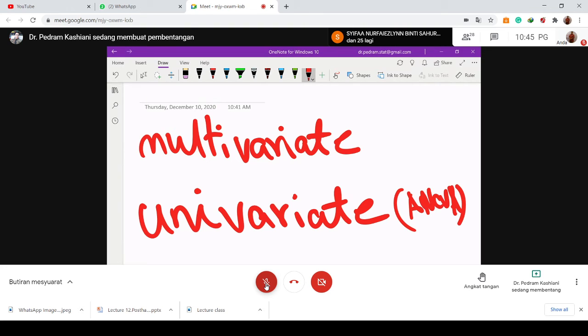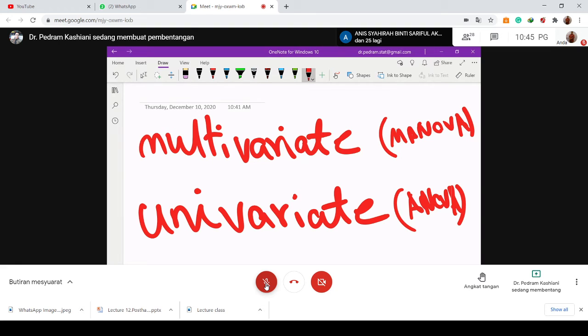But in MANOVA, which is multivariate, I do one analysis, one ANOVA table, but for everything together.